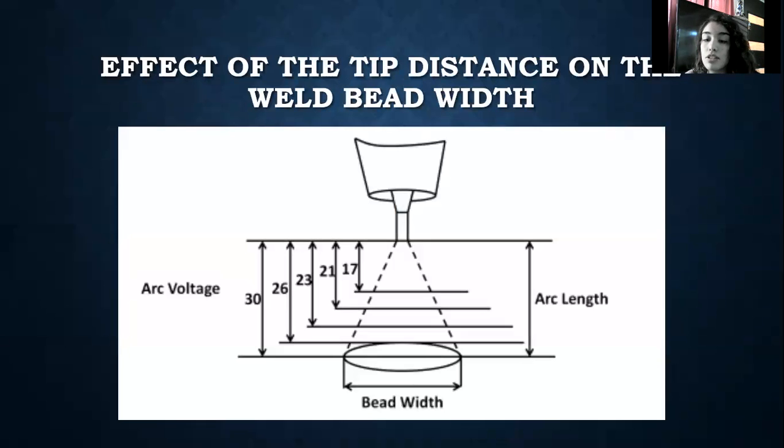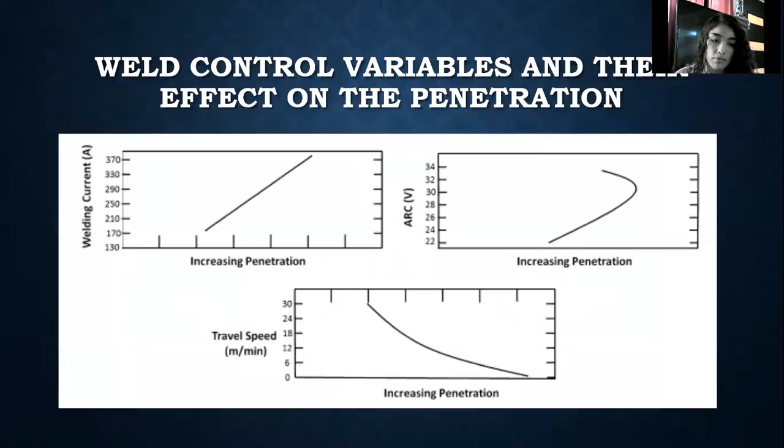In this figure the effect is shown. You can see here that if the arc length increases, the arc voltage must also increase to have a bead width, like the part that is welded.